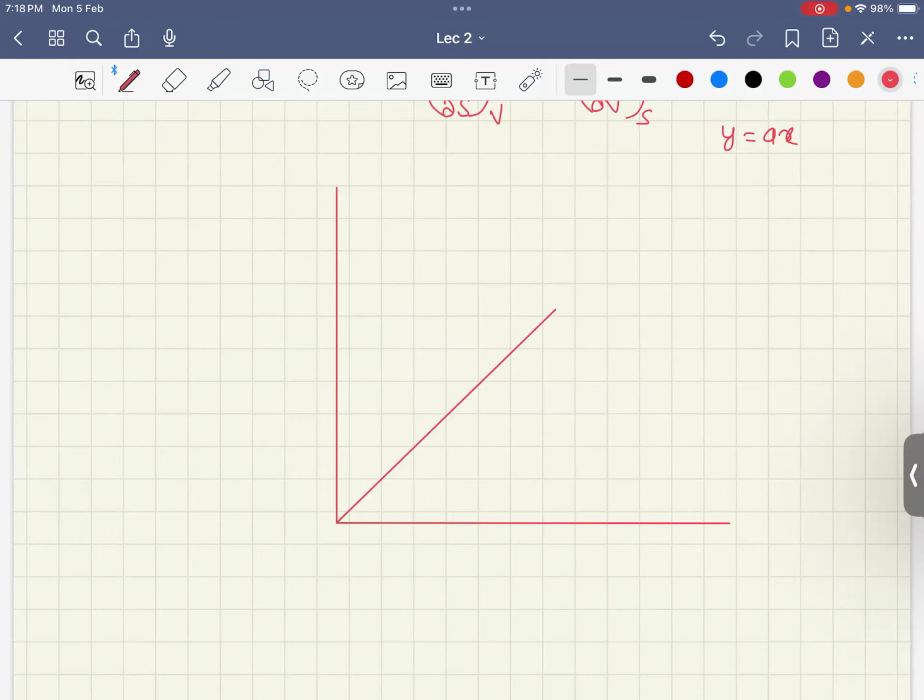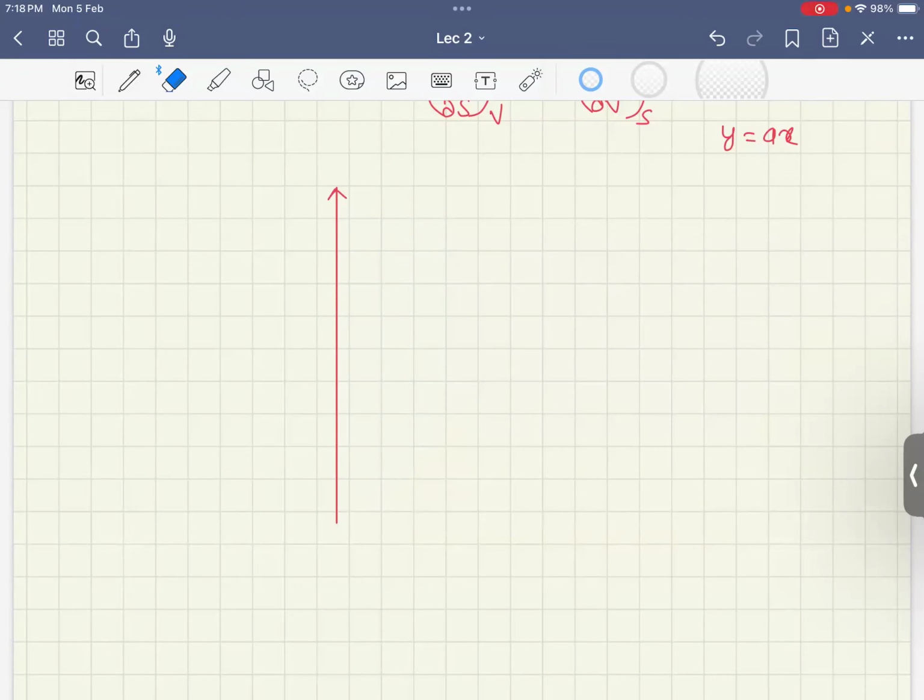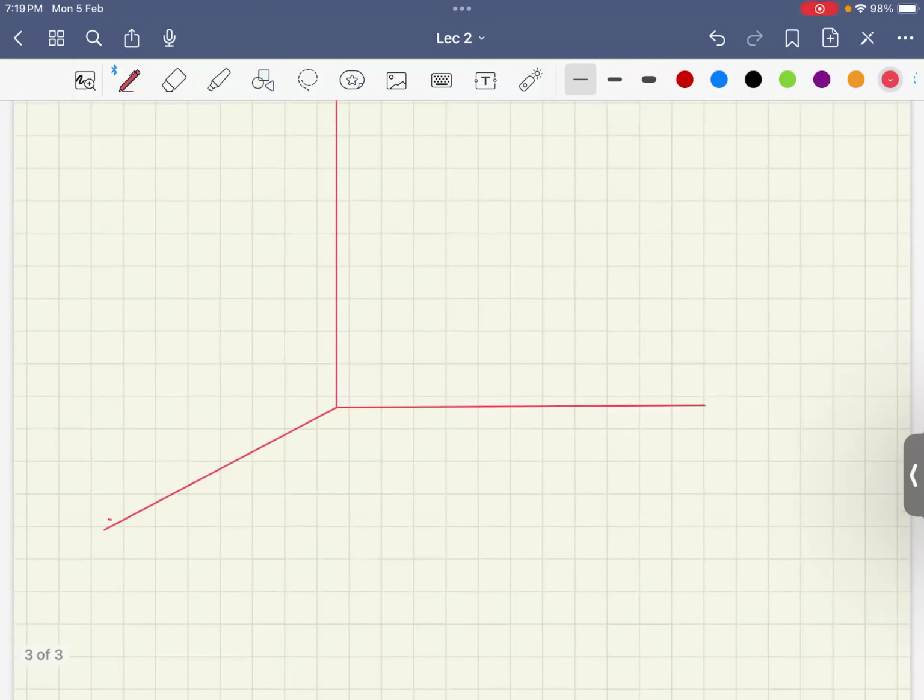Let us assume that these are the axes, and that there is a point whose coordinates are x, y, z. Now let us assume that I am at the origin.